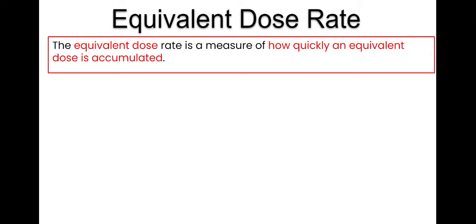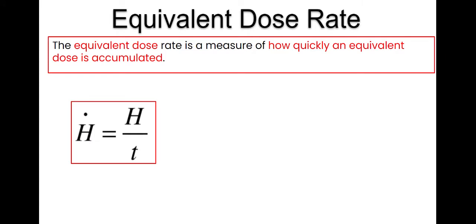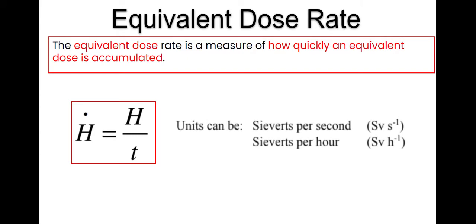Equivalent dose rate is a measure of how quickly an equivalent dose is accumulated. It has this formula: H dot equals H over T, where H dot is the equivalent dose rate. It's basically the equivalent dose divided by time, and it can be measured in sieverts per second or sieverts per hour.